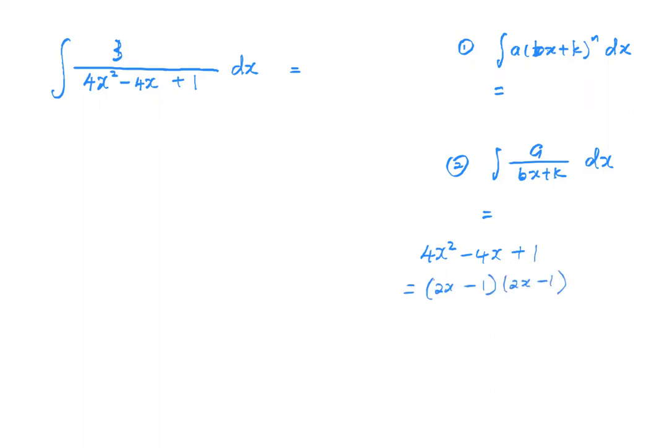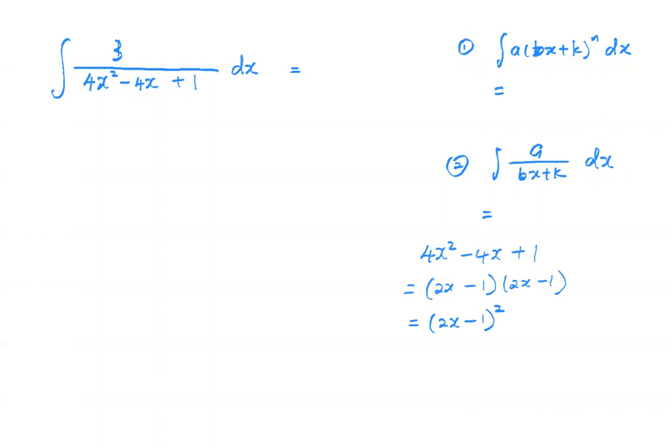Am I right? So this is 2x minus 1, the whole thing squared. Am I right? So if I got this, which one can I use? Number 1 or number 2?